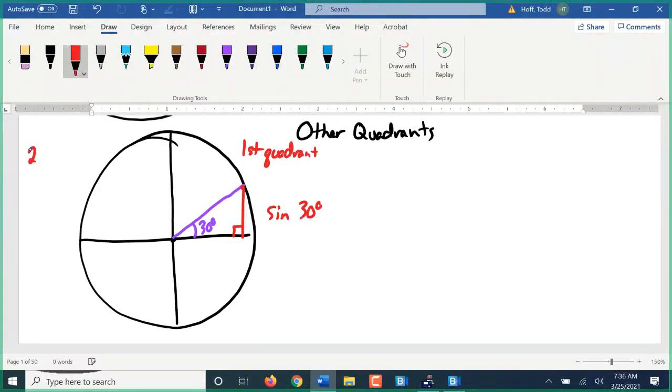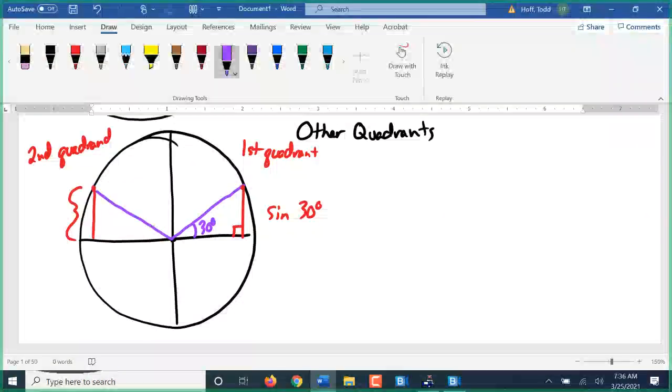If I go over here into the second quadrant, that's the angles between 90 and 180 degrees. There's a spot right here that has the exact same sine. That length is exactly the same. The terminal side of that angle would be right here. And what we know about that angle is that its reference angle has to still be 30 degrees.